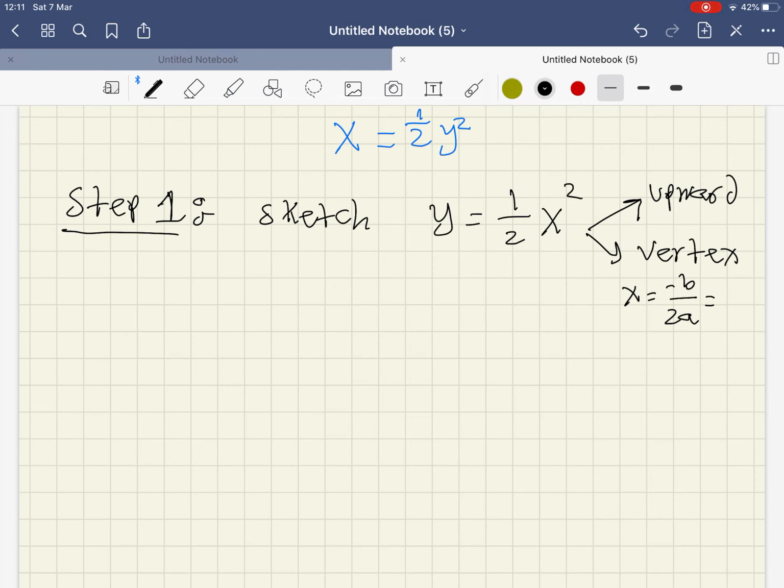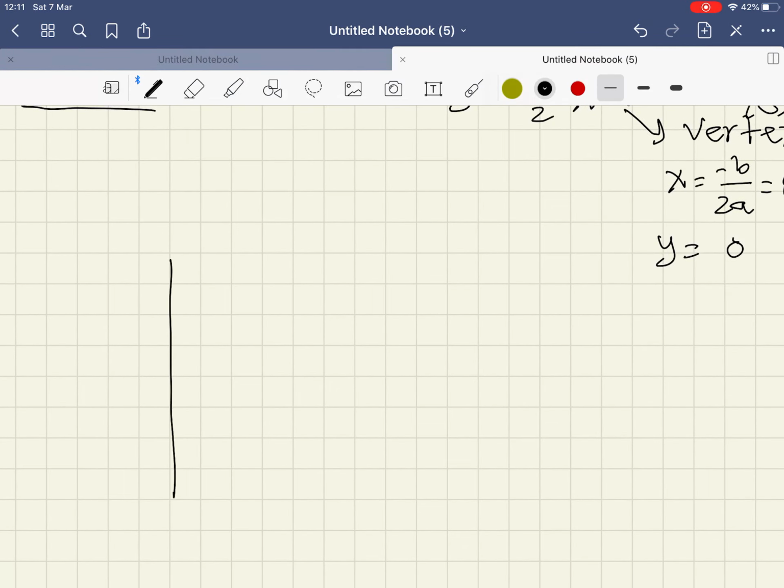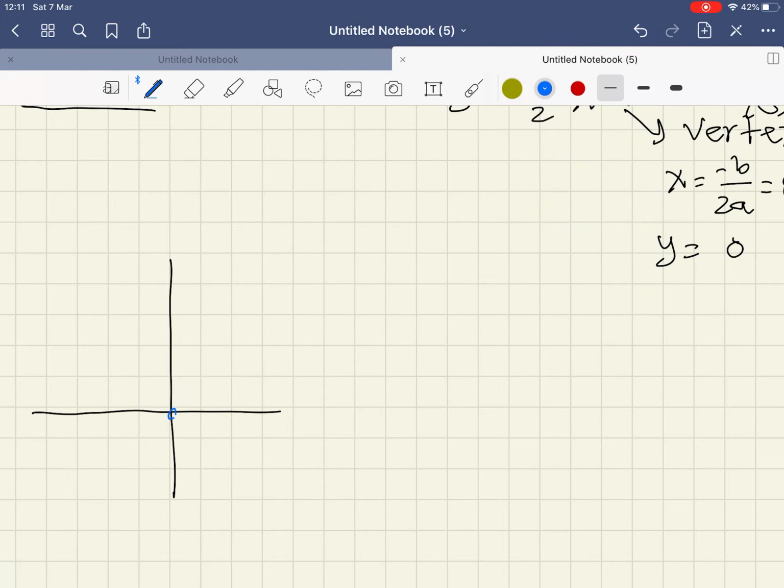And then since there is no number in front of x, this should be just 0. So the y will be also, substituting 0 here, 0. So the vertex is the point 0, 0. So we just go here and we sketch. So it will be something like this.